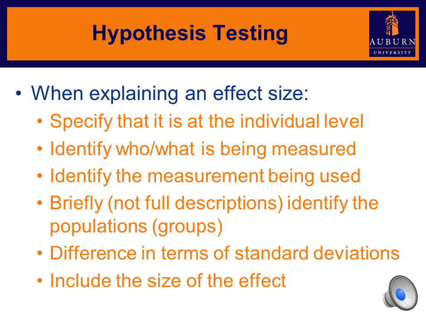This standard deviation should represent the shift, so you should talk about that standard deviation as saying that one group is higher than the other group, or one group is lower than the other group in terms of that standard deviation. Then finally include the size of the effect. Is it small? Is it medium? Or is it large?